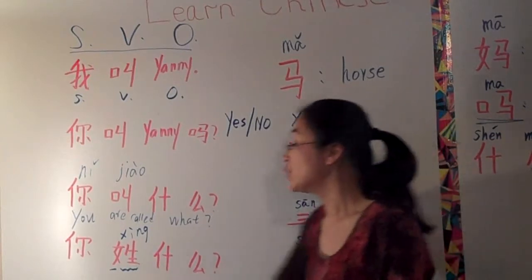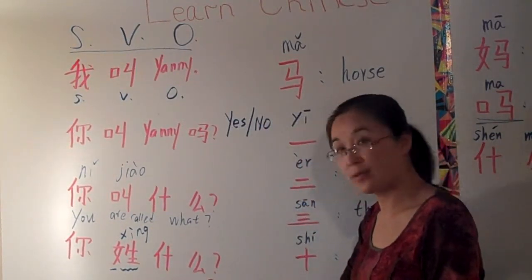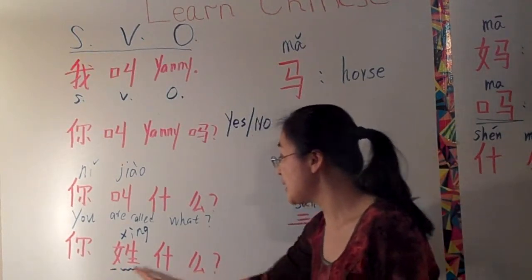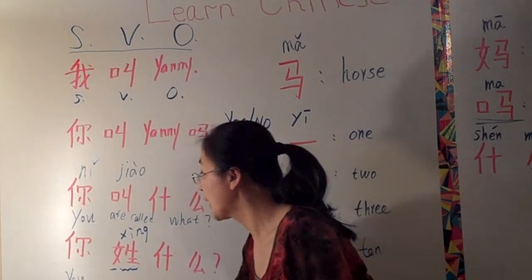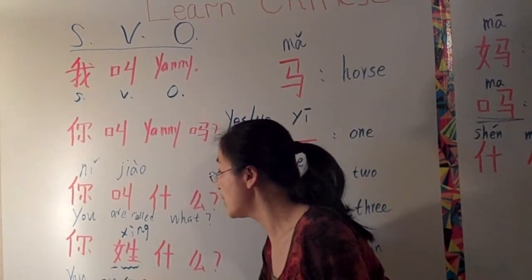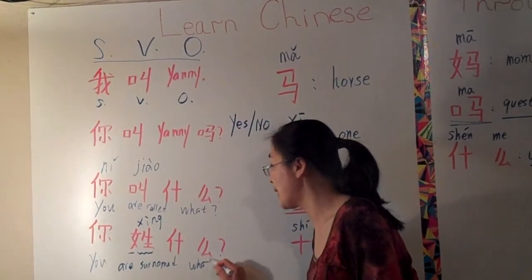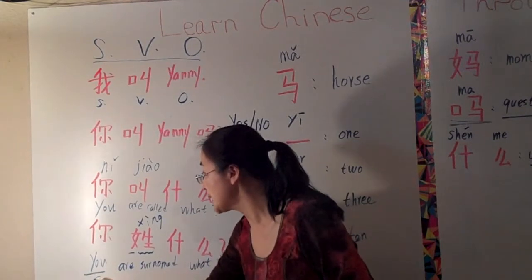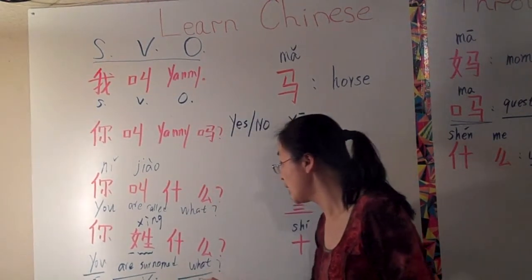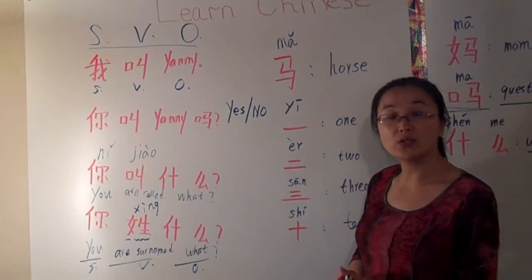Okay, good job. So, you are surnamed what? 你姓什么 means you are surnamed what? 什么 means what. See, the sentence structure is still SVO. 你姓什么? What are you surnamed?